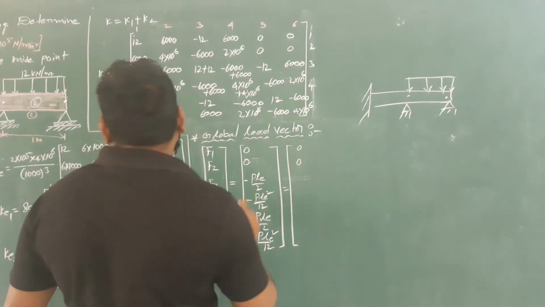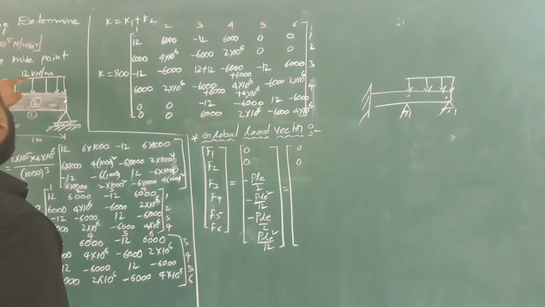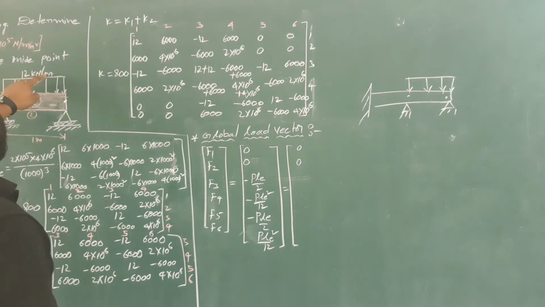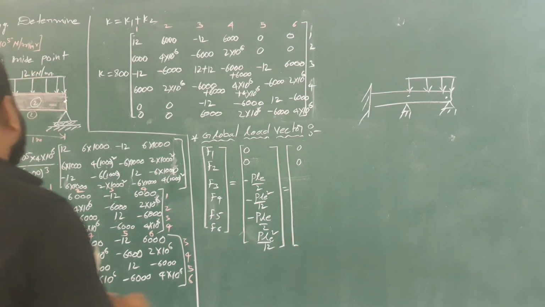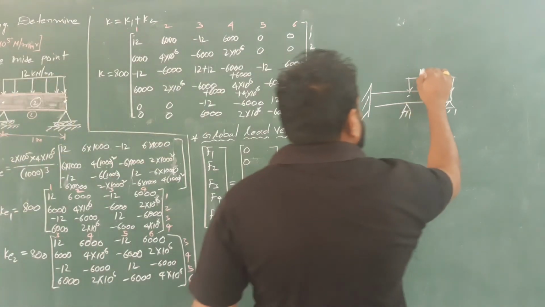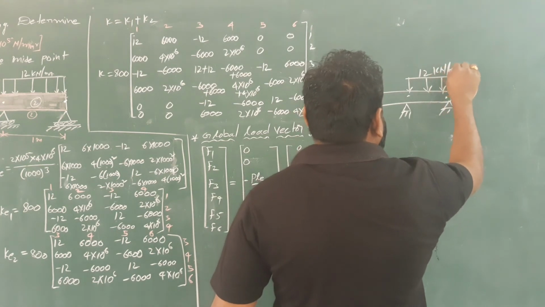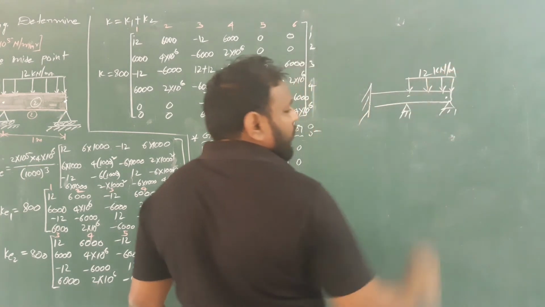We know that P is 12 newtons per meter, and 1 meter is 1000 millimeters.